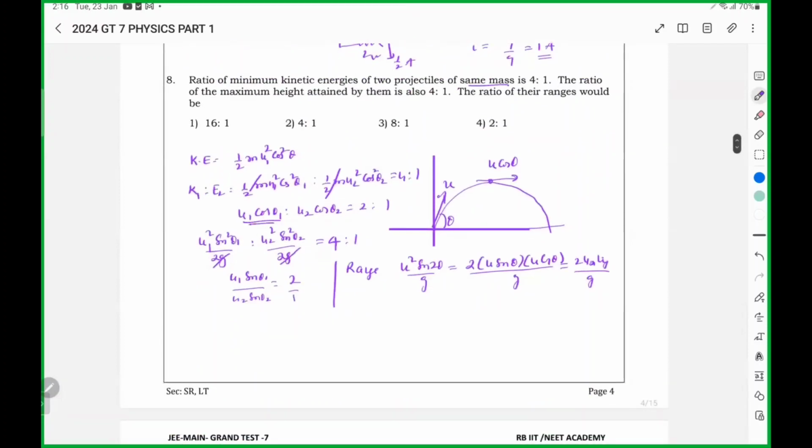Now ux is this for the first one, for the second one is u sin theta 2 by g. For the first one u cos theta is 1. So the answer is 4:1.